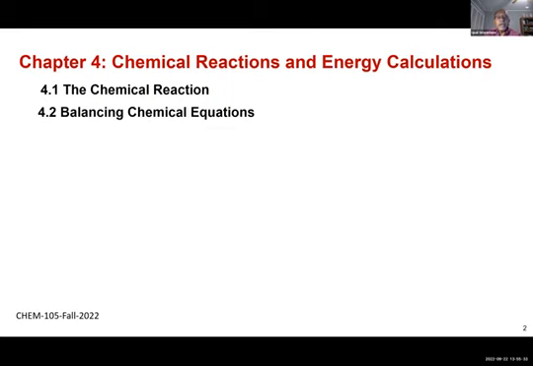So when you write a chemical reaction, you write an equation where it shows what your starting material or reactant is, and then put an arrow and write down the products, compounds formed after the reaction.